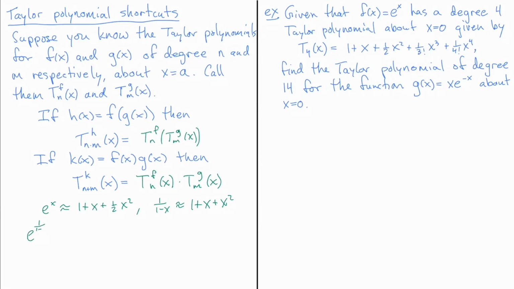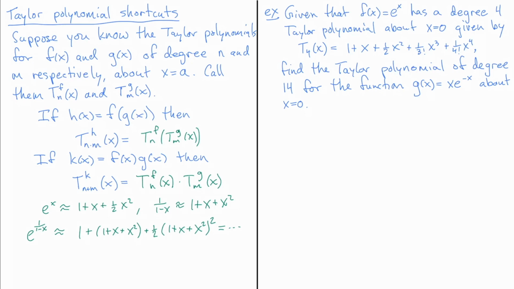If we wanted the Taylor polynomial about 0 of e to the 1 over 1 minus x, then we can just plug 1 over 1 minus x's Taylor polynomial into e to the x's Taylor polynomial. So here we're replacing the x with 1 plus x plus x squared, and then a half of 1 plus x plus x squared, all squared. And then we can do all the calculations to see what that is term by term, but that gives you the idea.